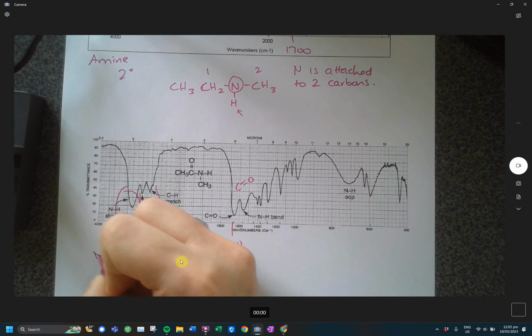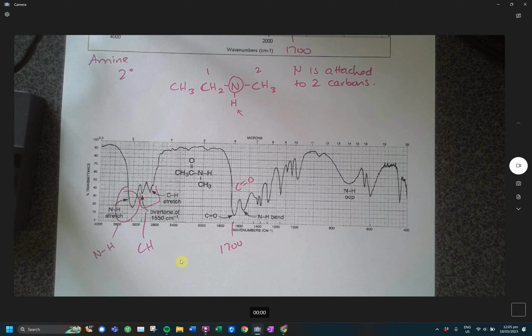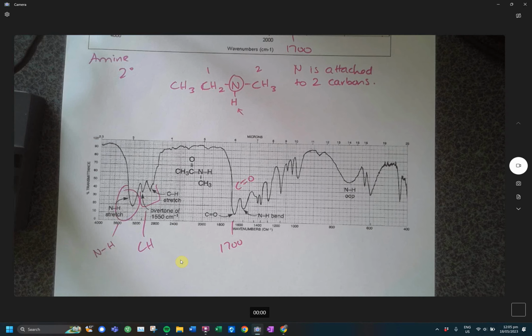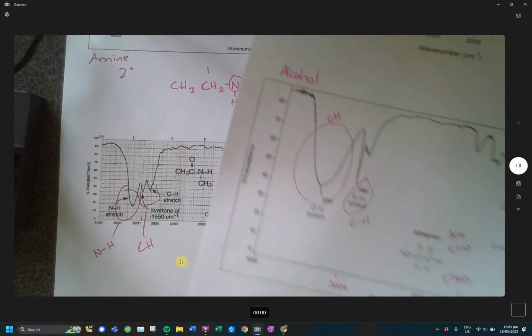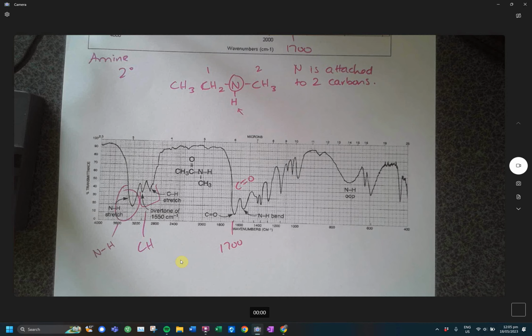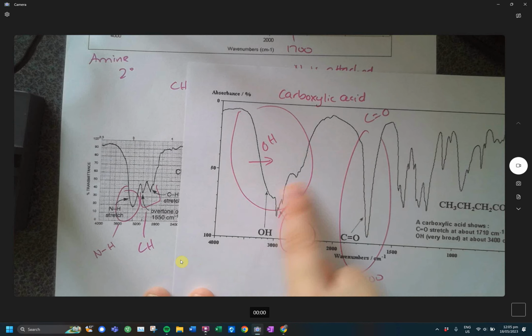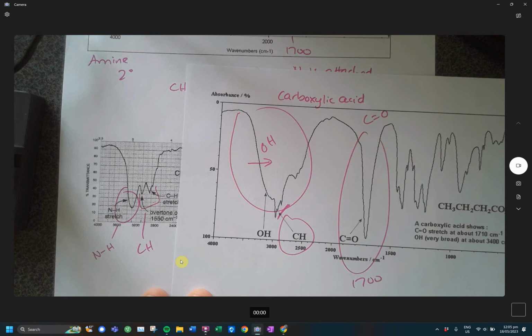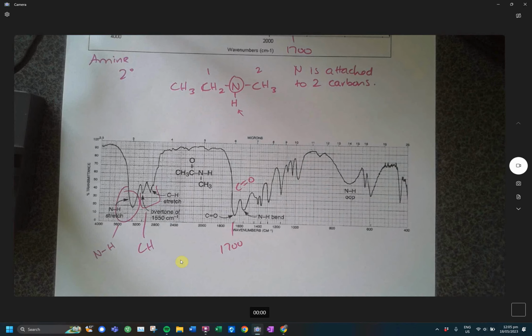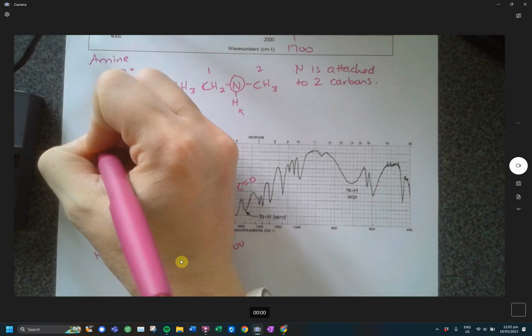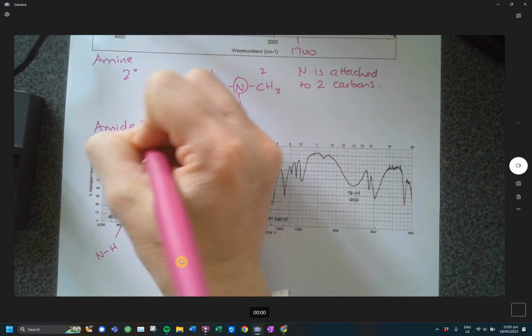So that's my NH. This one looks different from a carboxylic acid because the carboxylic acid blends in like that, whereas this one still has it separate. So they're hard to tell. You just get used to it. So this is an amide that's secondary.